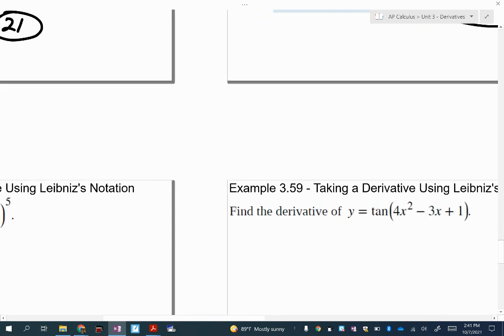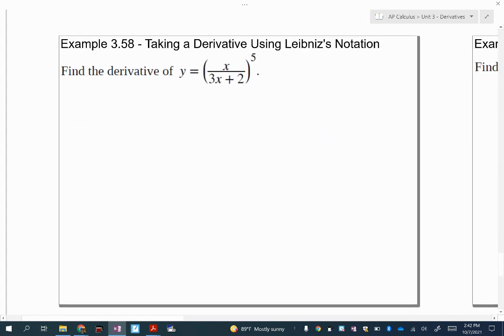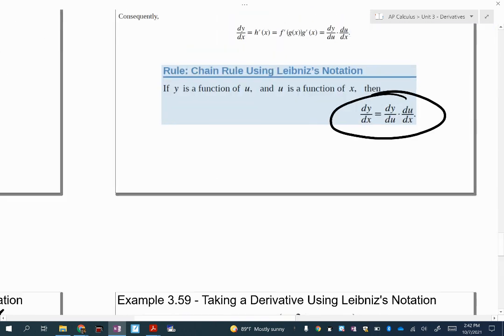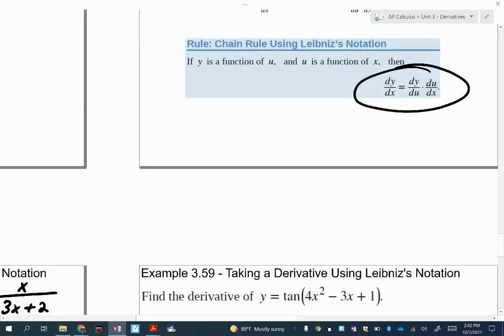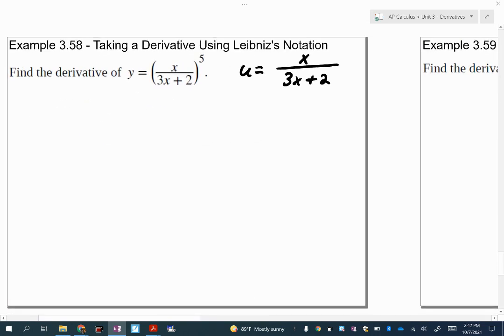All right, so let's go ahead. First, you'll notice we don't have f of x anymore. We have y. And I'm going to write down that u is always the inside function. So I'm going to write down that u is x over 3x plus 2. Okay? So in order to do this, I have to find these two things, dy over du and du over dx.